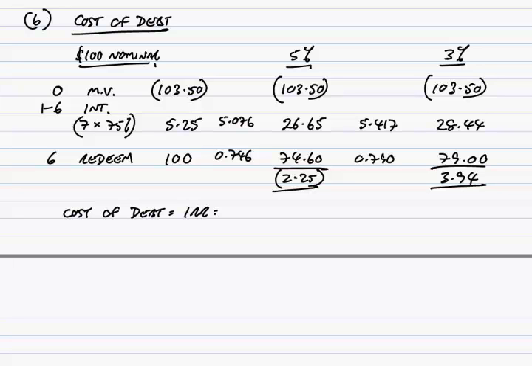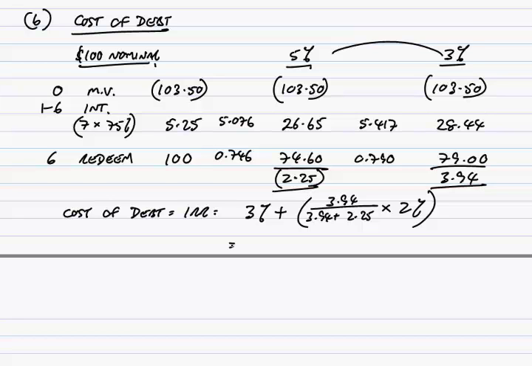And so the internal rate of return, we know it's between 3 and 5. It's 3% plus, approximate between the two, assuming they're linear. So 3.94 over 3.94 plus 2.25 times the difference between the two of 2%, which gives me 4.27%.